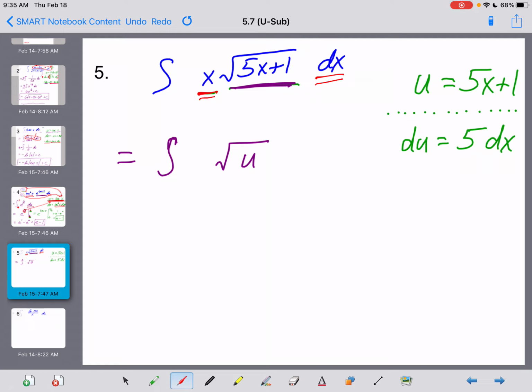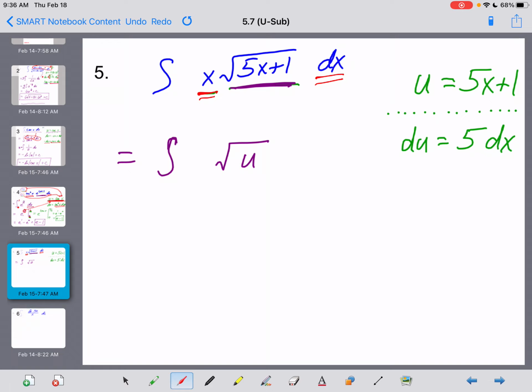So what this example shows us here, guys, unlike the previous 3 that we've done, is that the secondary substitution, in this case where I need to represent an x dx, can be done in 2 different parts. We're going to represent the x and the dx separately.